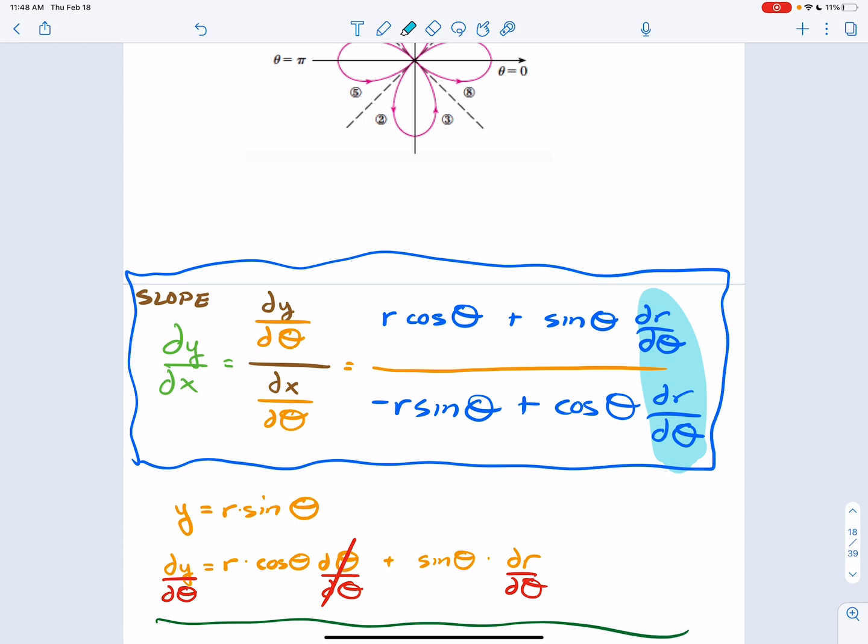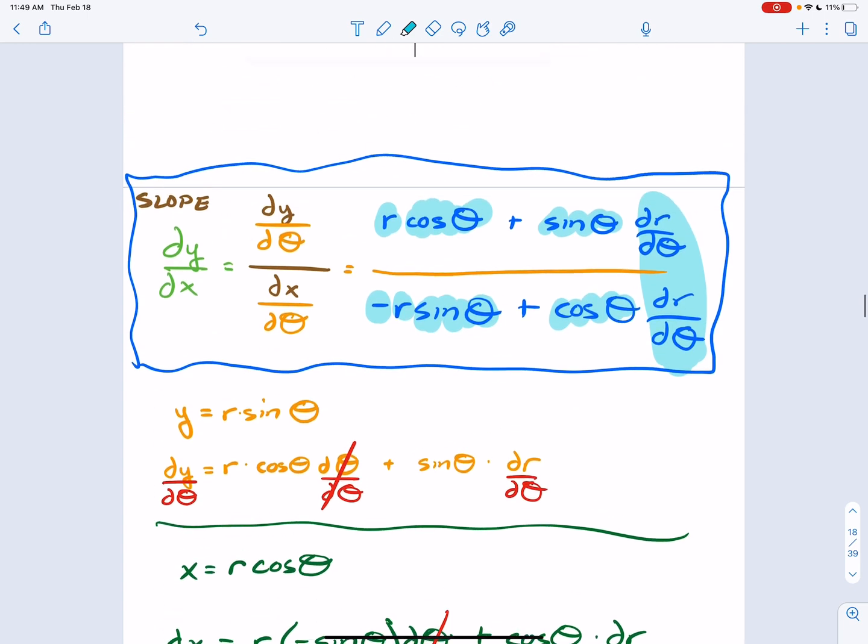Top is sine, bottom is cosine, and then it switches: cosine, sine. They both have r's, but the bottom one is negative. However you want to do this to remember it, do it. Personally, I just derive it real quick, but if you feel like it'll be easier to memorize it, then memorize it.